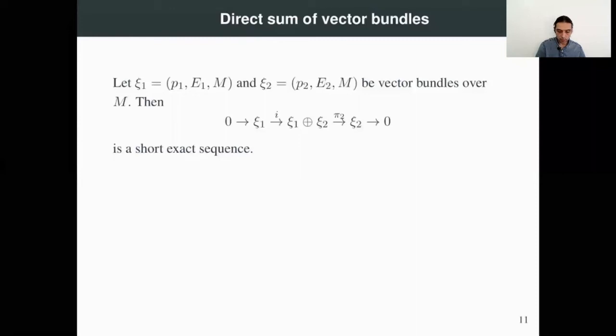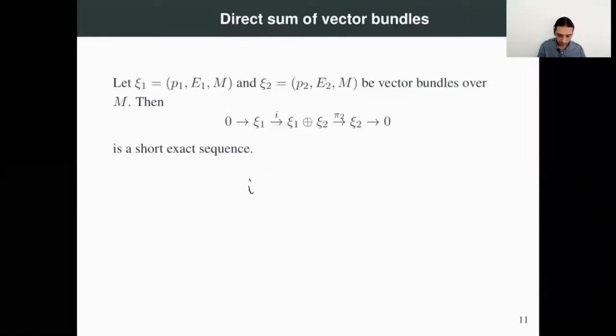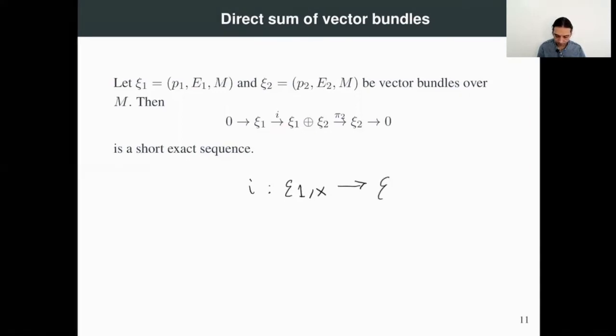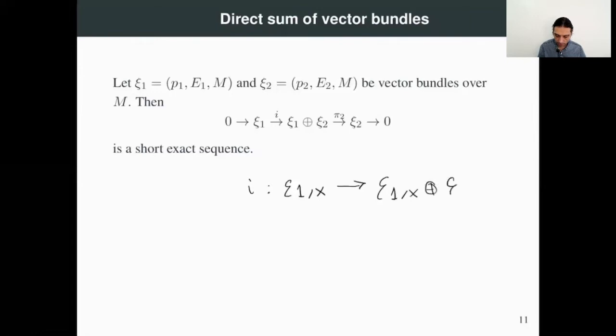If we have two vector bundles, psi1 and psi2, we consider their direct sum, and then these two maps: the inclusion, okay, that in every fiber is a map from the fiber of the point x for psi1 to this direct sum of the fibers at the point x of psi1 and psi2 that just sends u to (u, 0), right?